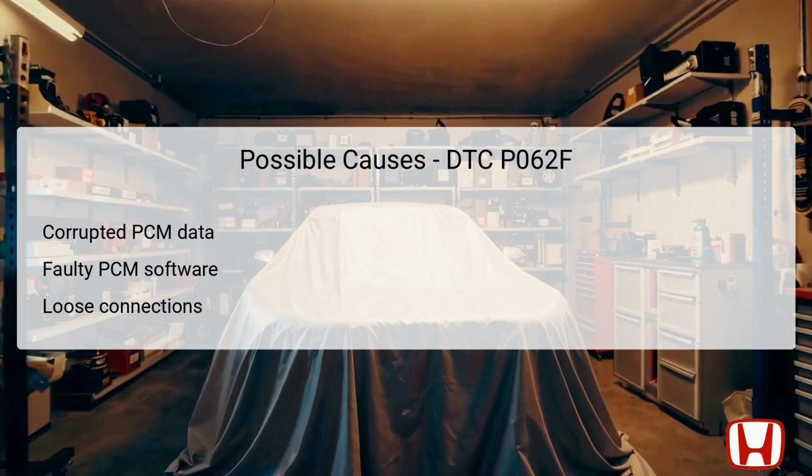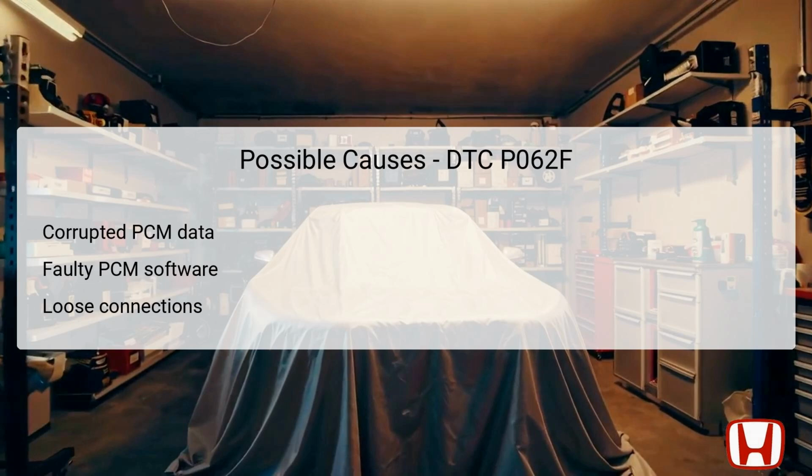Several factors can lead to the DTC P062F being triggered. A common reason is corrupted data within the PCM, which can occur due to electrical issues or software glitches. Additionally, outdated or faulty software in the PCM can exacerbate the problem, leading to operational inconsistencies.